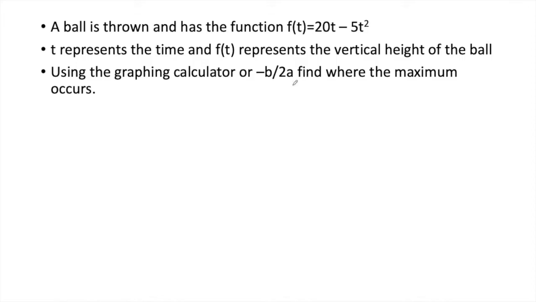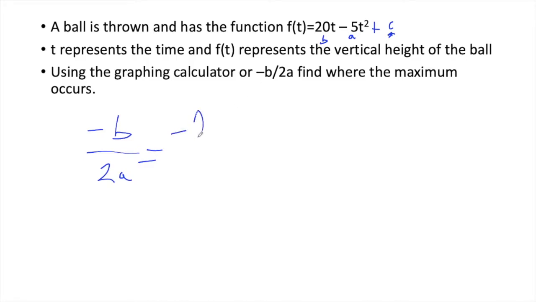So for example, we can do it using minus b over 2a, like we've done before. So what you do is you take the formula minus b over 2a and you label it a, b, c. This is going to be a, this is b, and c is 0, because we've got no added number here. And then all we do is substitute into this formula.